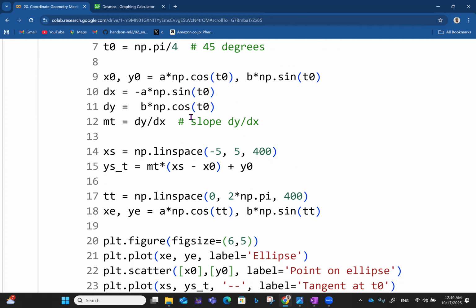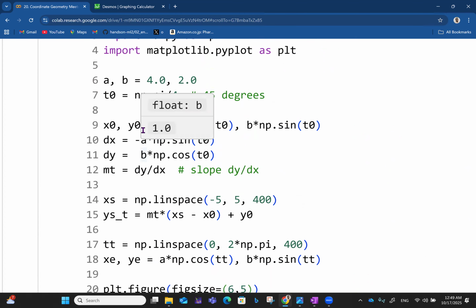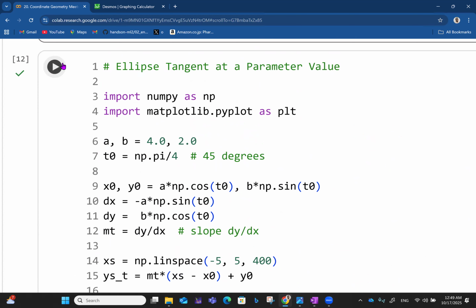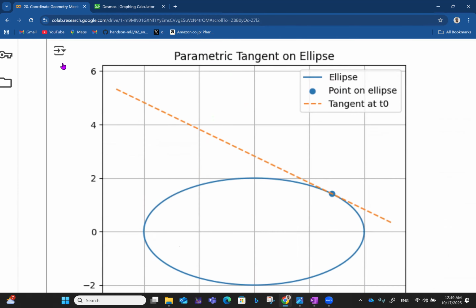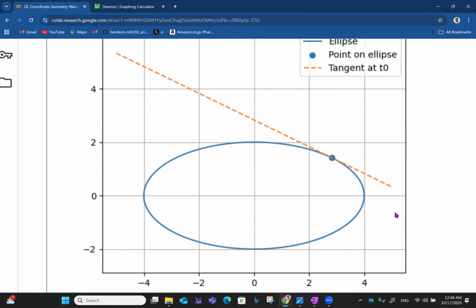So for dx dt, we just use everything we have up there, except now we have 4 and 2. And then we do this and we see the ellipse. So we have the ellipse, and the point on the ellipse is this point of tangency. The tangent at t naught is the orange one.